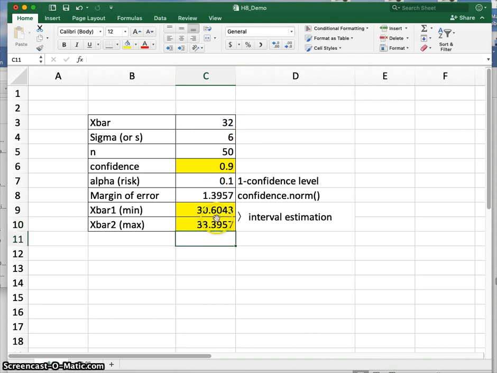So there we see that if we were to take a sample and the mean was between 30.6 and 33.4, we would be 90% confident that that is within a range that represents the population mean. Then in part B and part C, it asks us for different confidence levels, so we can just change this.